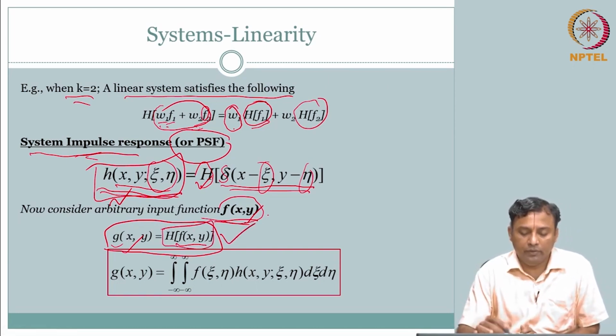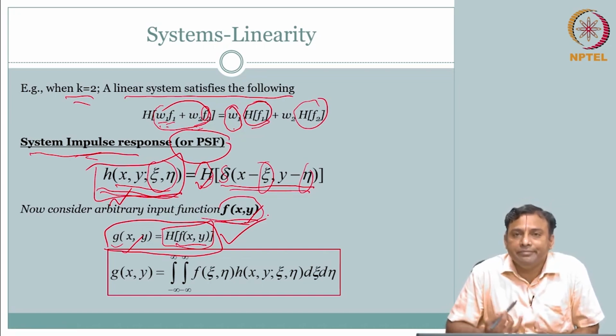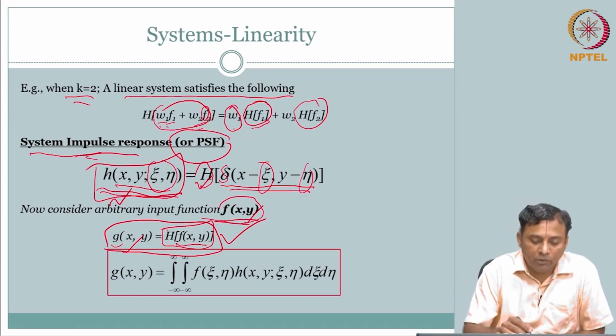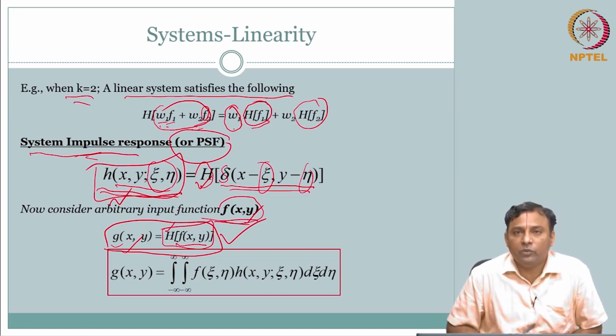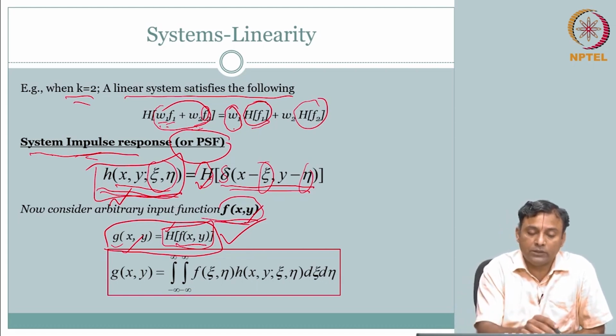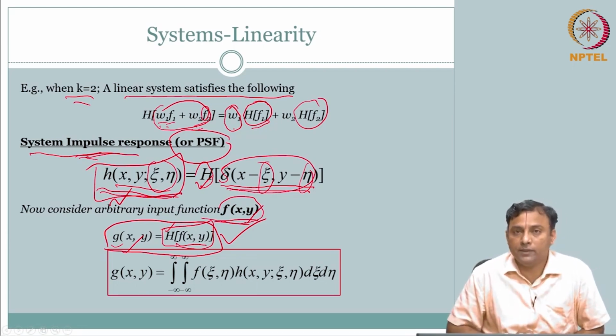That is good, right? But I cannot simplify that without knowing anything further about h. But now I know something about h. That is the system impulse response. If I present an impulse to the system, I know my impulse response.